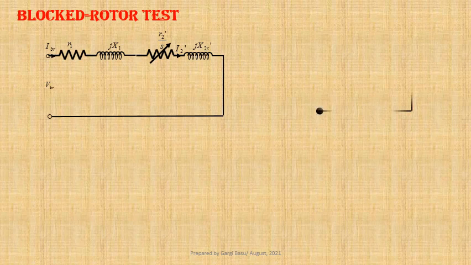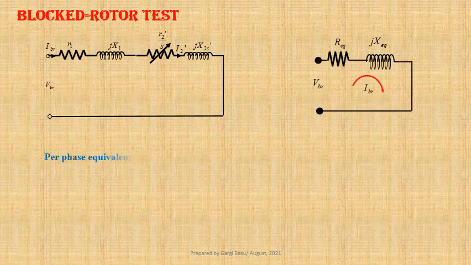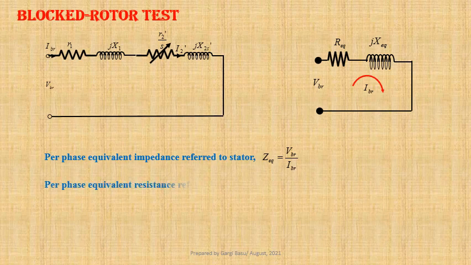Now we shall redraw the equivalent circuit. Per phase equivalent impedance referred to stator ZEQ equals VBR divided by IBR.